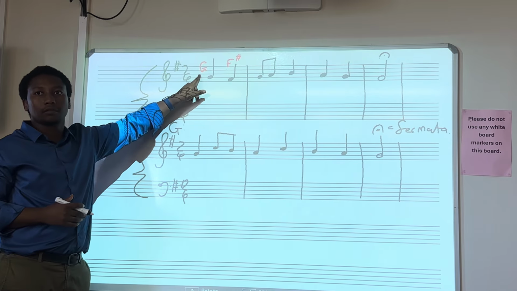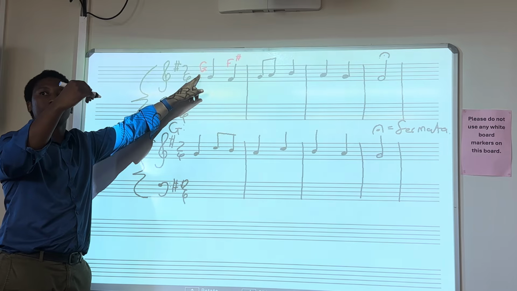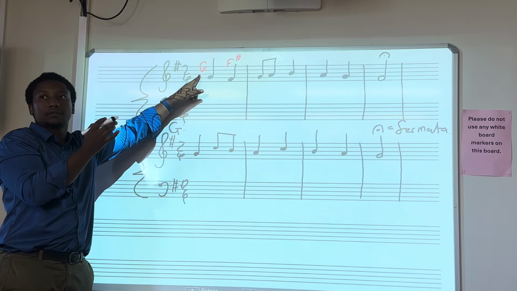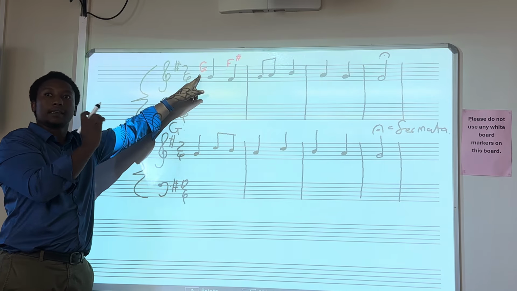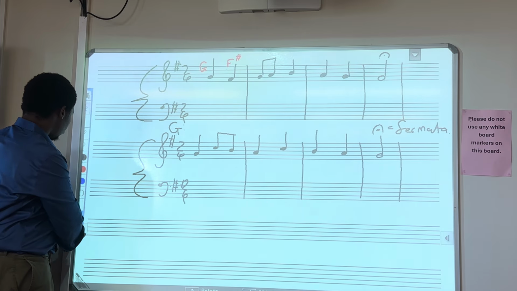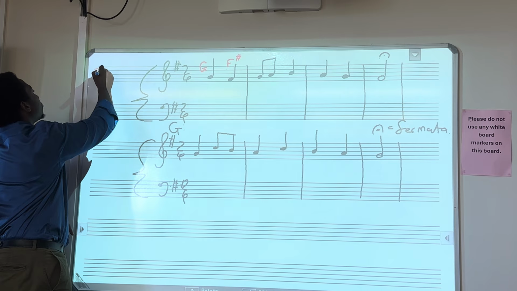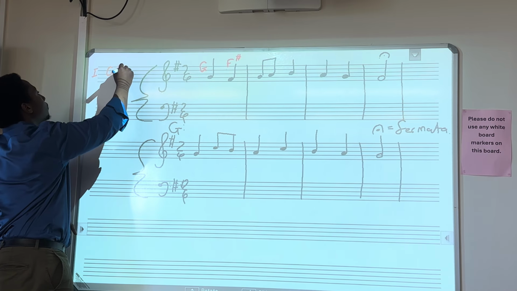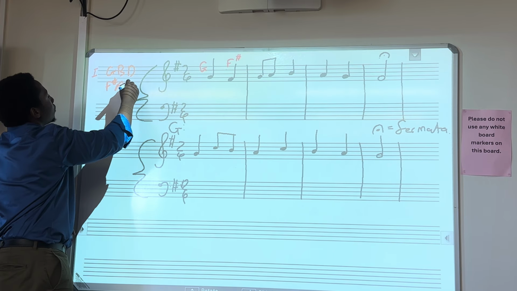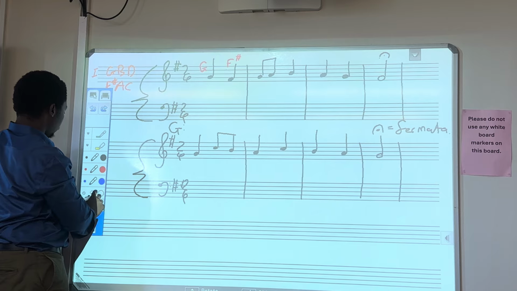G can be in chord 1 because G, B, D, right? Or you find another one, 6th, E, G, B. Or actually you can do this if you really need to be safe. You can write out all the chords: G, B, D; F sharp, A, C... what am I doing?